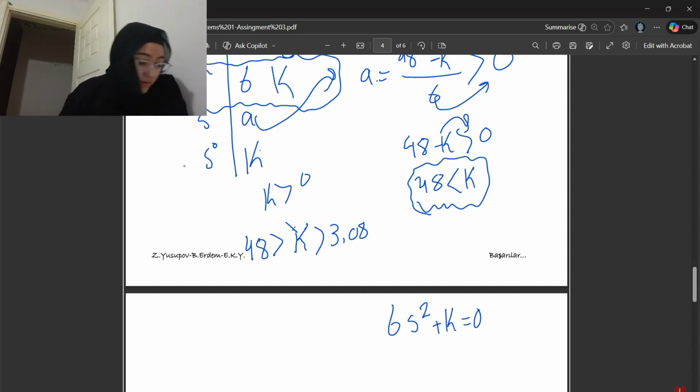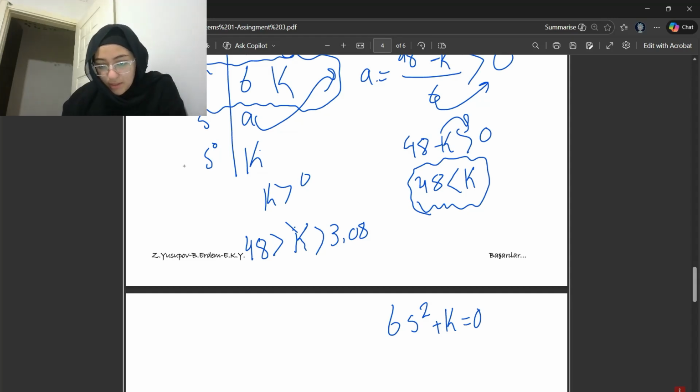So the first poles will be s1 and s2, minus and positive 2 root 2 j.